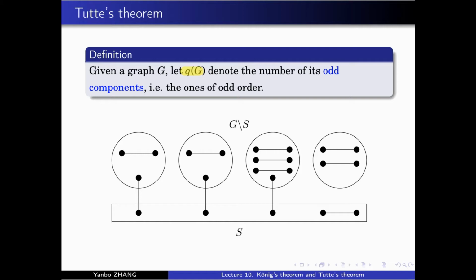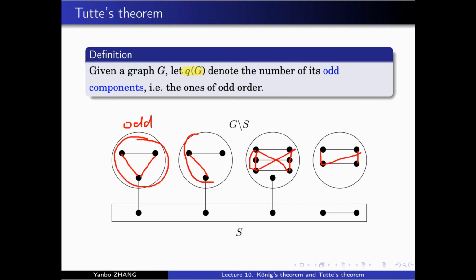The graph G minus S has 4 components. Every component is a connected component, so we should draw more edges to make every component connected. This component has 3 vertices, so this is an odd component.